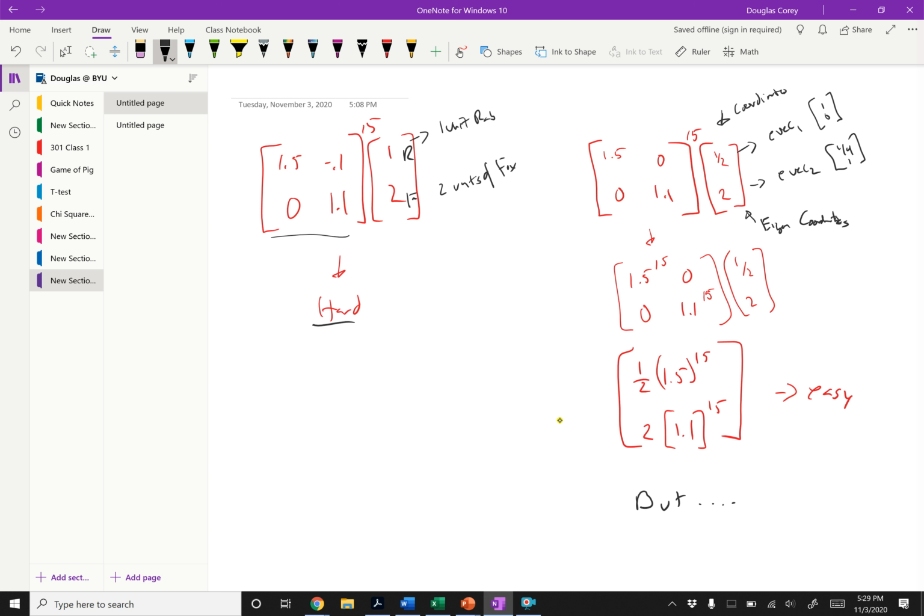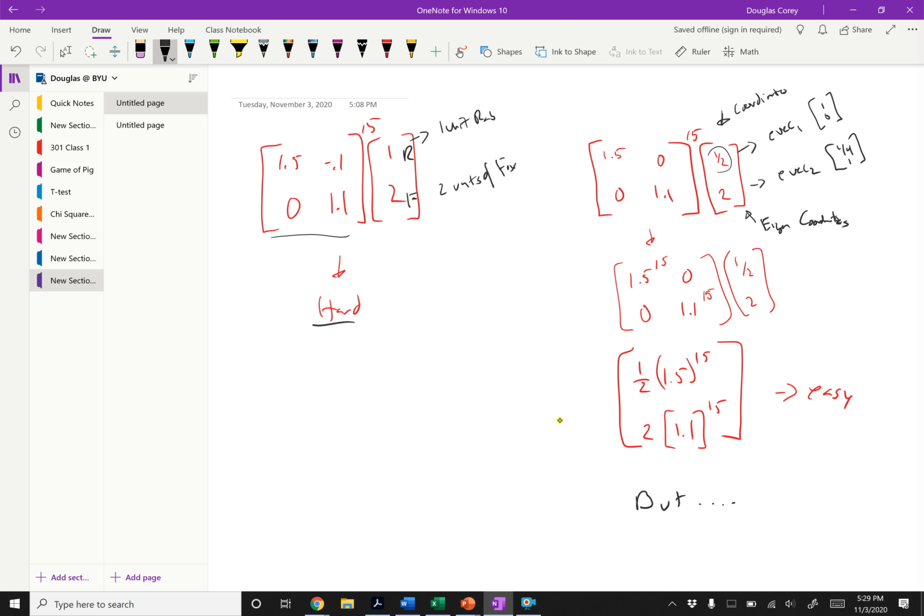Every year, no matter what my value is for this eigenvector, it's 1.5 times that the next year. And every year, no matter how many I start with, it's 1.1 times that the next year.